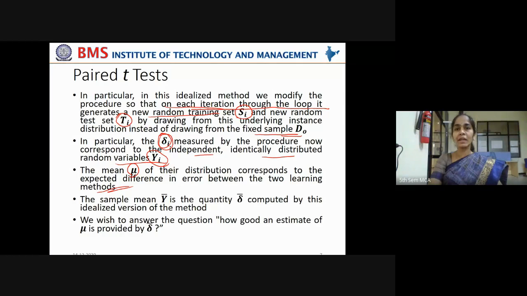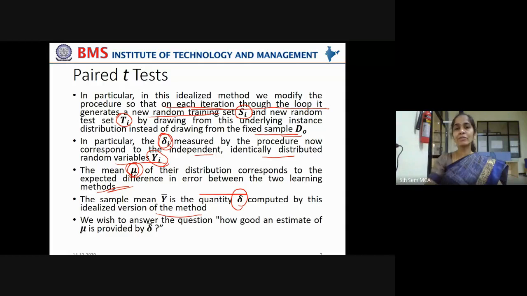Say we have taken learning algorithm A and learning algorithm B. The mean of the difference in the errors obtained through the learning algorithms, that mu is taken. Now the sample mean y bar is the quantity delta bar computed by this idealized version of the method.